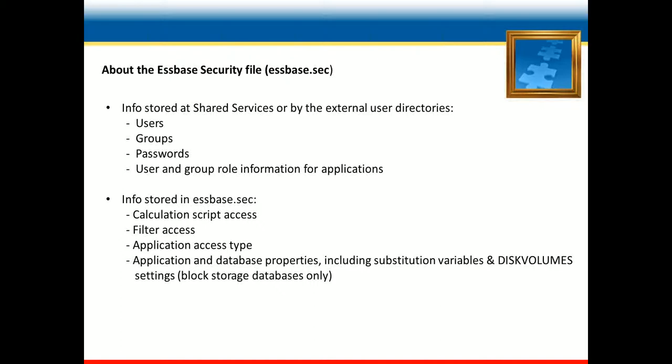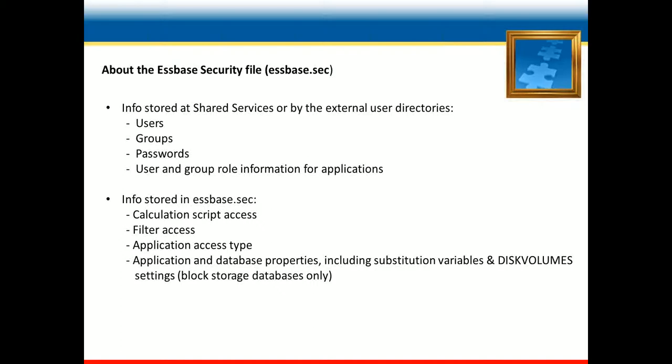And if we think about the SEC file, it is an encrypted file which is unreadable by the user, as it's a security file, and it contains information specific to CalcScript access, filter access, application access, application and database properties, substitution variables, and disk volume settings.